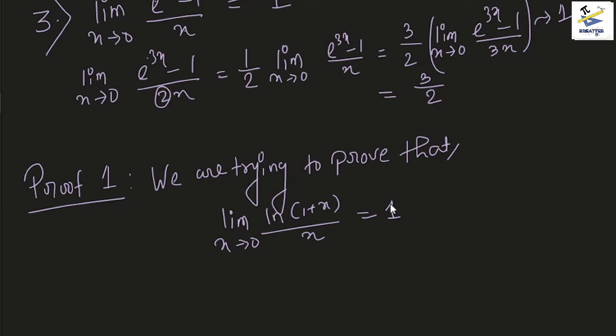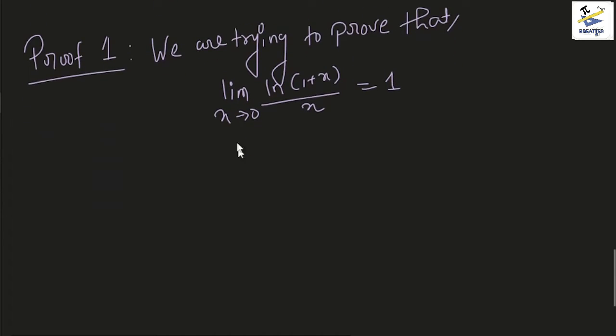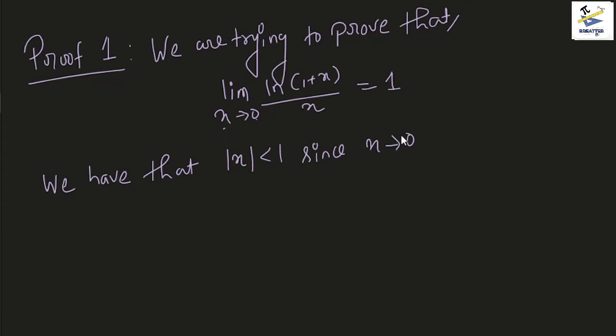See, this is not a very easy proof, but we can walk our way through it. I'll just show you how. Well, first of all, x tends to 0, so this obviously means that mod x is less than 1, since x is in the close neighborhood of 0, right?